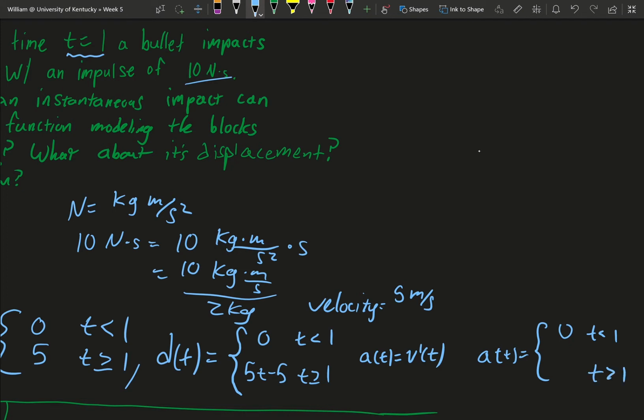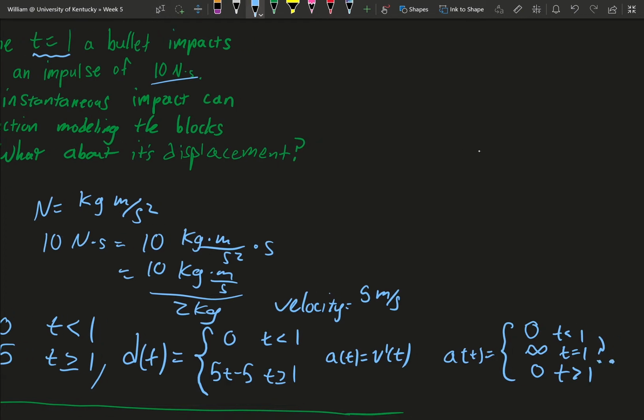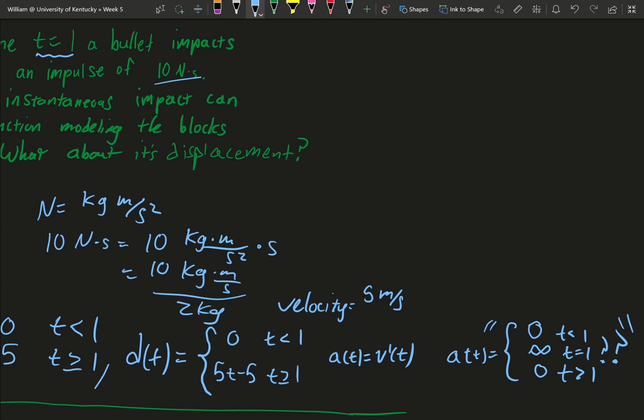After t equals 1, it also has to be 0. But at exactly time 1, it can't be the constant function, because this is not really the constant function. So we say it's maybe infinity, but this is very vague and not very rigorous at all. So this is a loose answer for the acceleration.